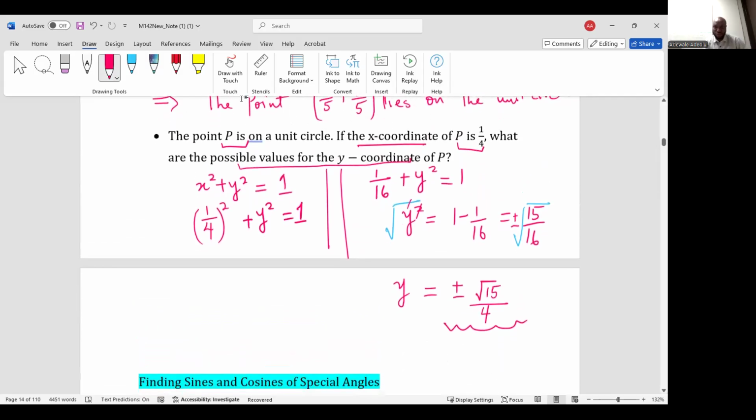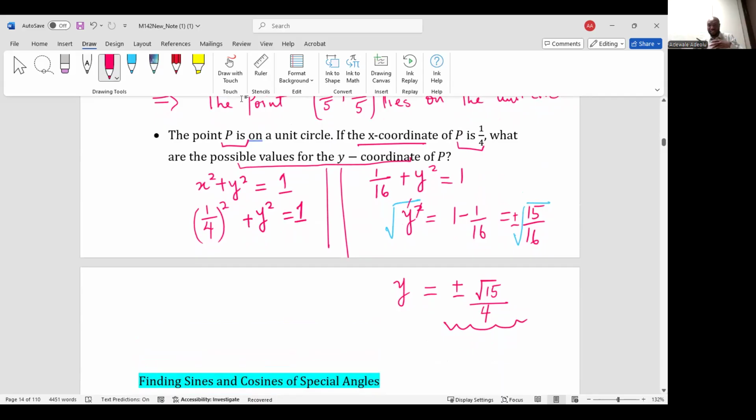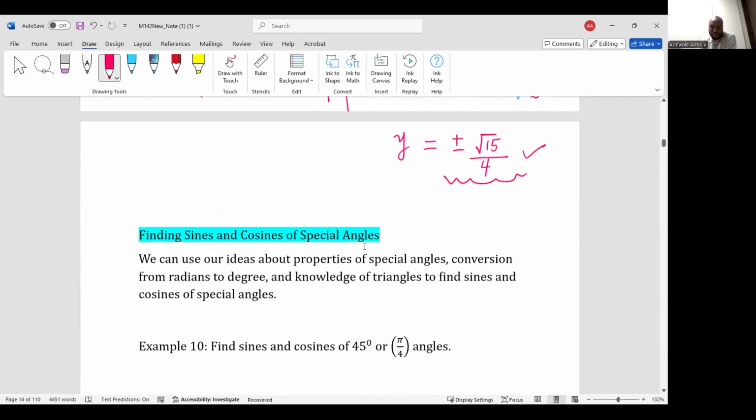In this case, I don't know which one is which because maybe the point P is in quadrant 1 or 2 or 3 or 4. But the question is asking what are the possible values? So we have root 15 over 4 or negative root 15 over 4. So those are the possible values.